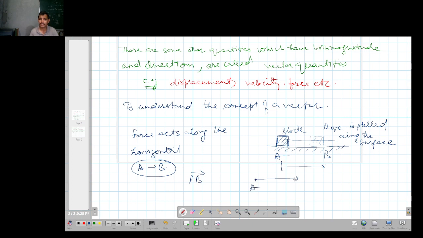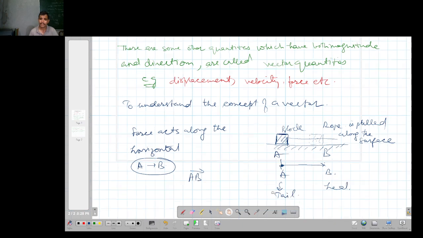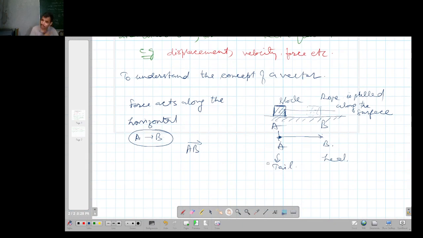Say this point is A and this point is B, and this is known as the tail of the vector, and this is known as the head of the vector. And this is the initial point. A is the point from which the vector started.